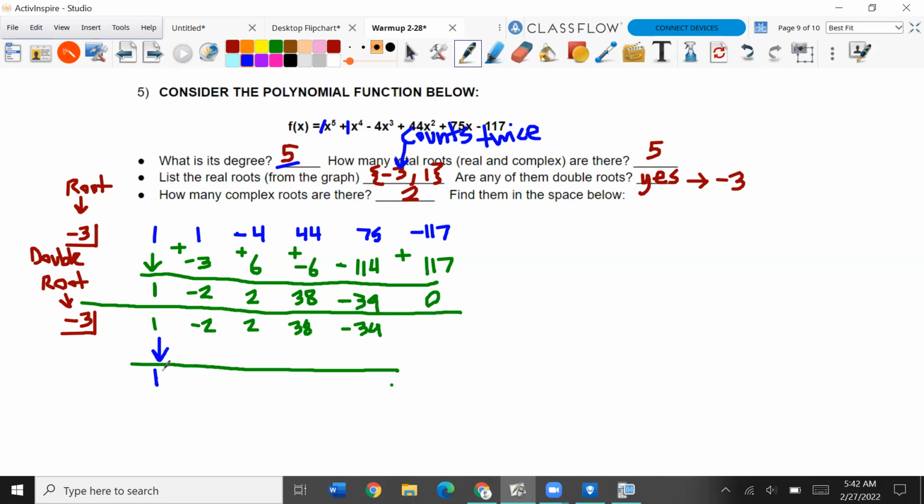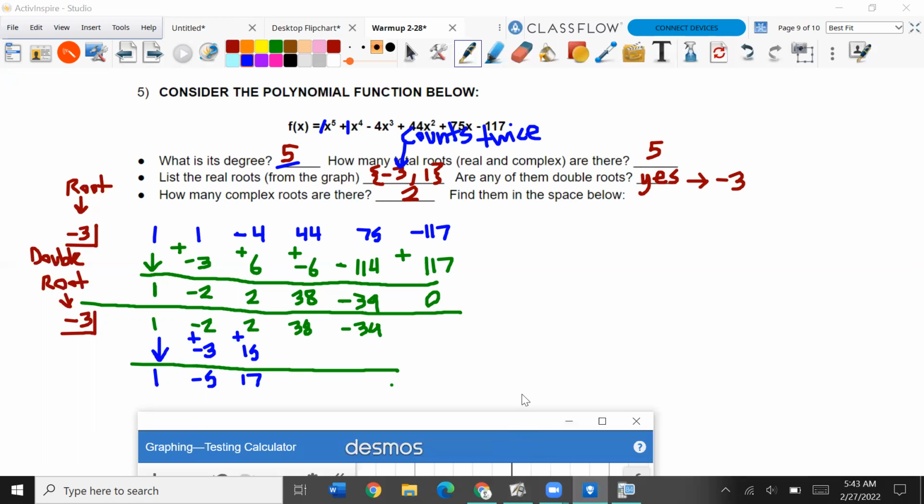All right, bring down the 1. 1 times -3 is -3. Add down, you're going to get -5. -5 times -3 is 15. Those add to 17. 17 times -3, I think it's 51.